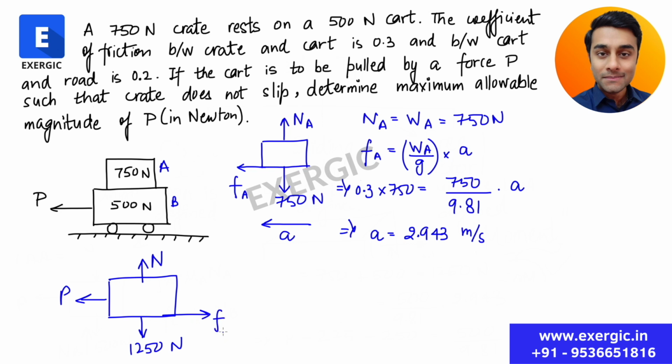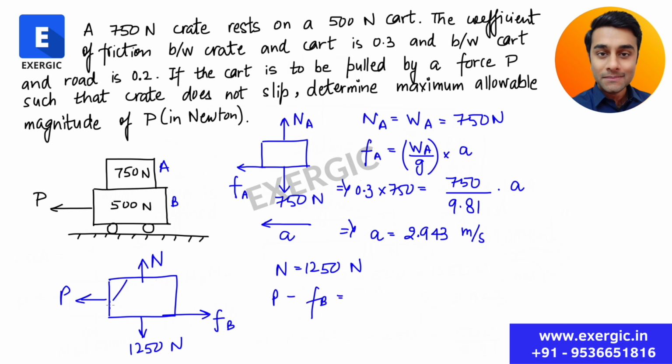So this is the friction force acting on the bottom surface of B, right? Now applying the equilibrium of forces along y and then along x direction. Along y, it will give you N is equal to 1250 Newton. Along x direction, do not forget that it has an acceleration a towards the left direction. So applying the equilibrium of forces along x direction, it will give you P minus FB is equal to its mass multiplied by acceleration.